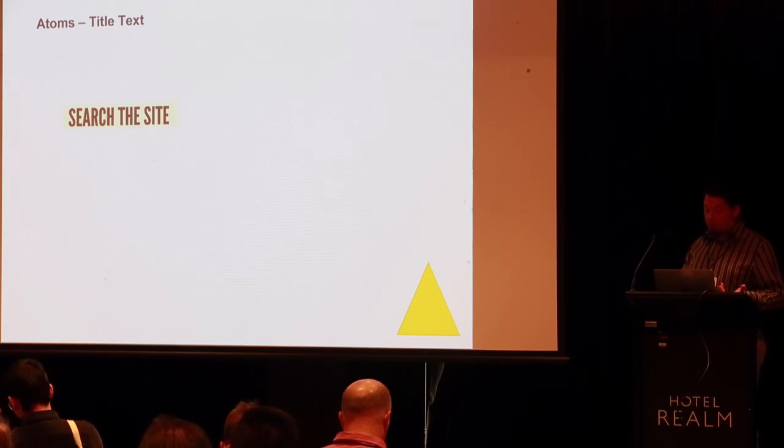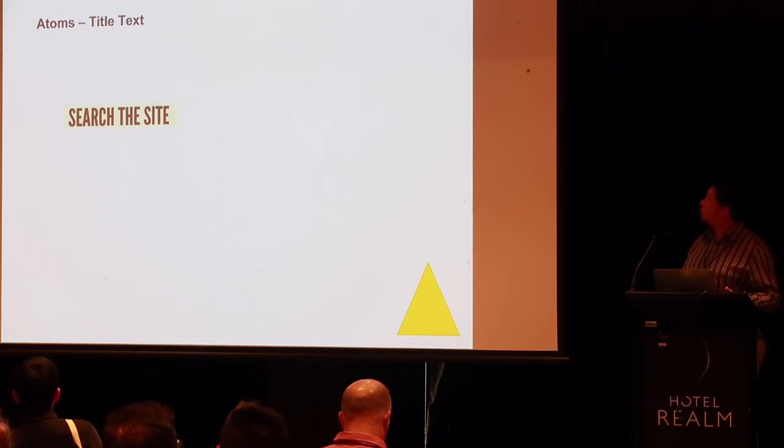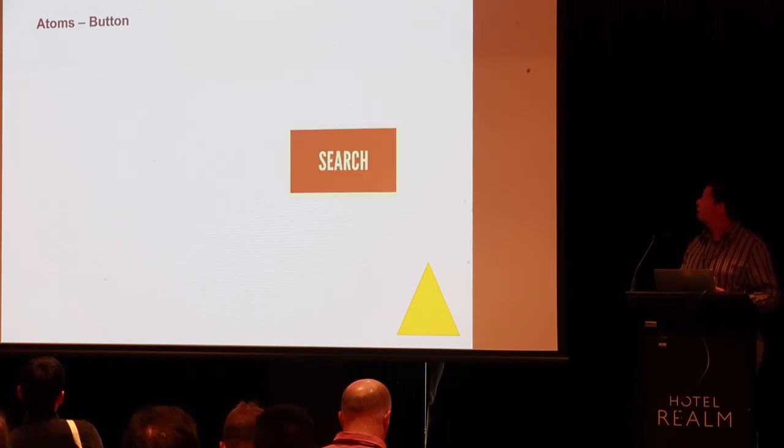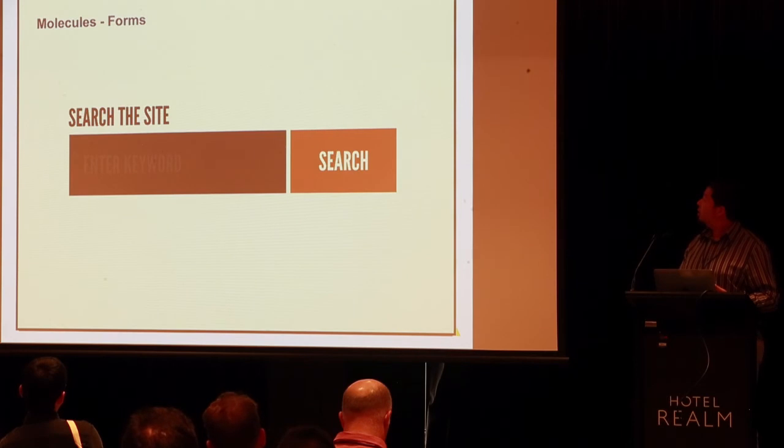The way this works is an atom is the smallest element you're going to have on your page. That might be some title text, a text input within a form, or a button. Once you compile those atoms together, you turn them into a molecule, which might be just your search form.